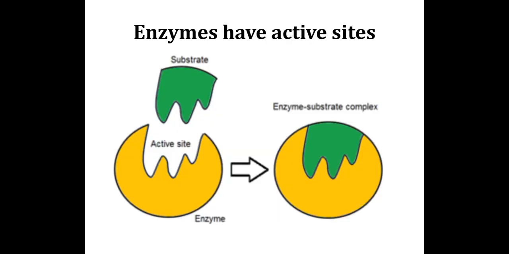These enzymes have active sites. These active sites are three-dimensional structures, and the active sites are the region where the substrate binds. So the enzyme substrate complex is formed.